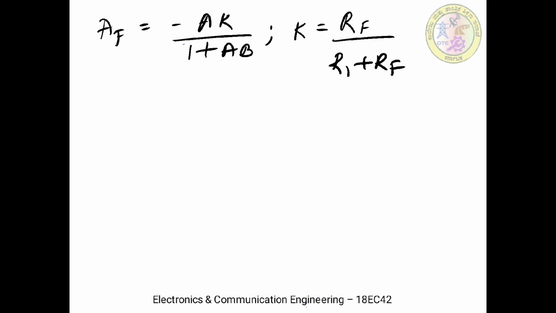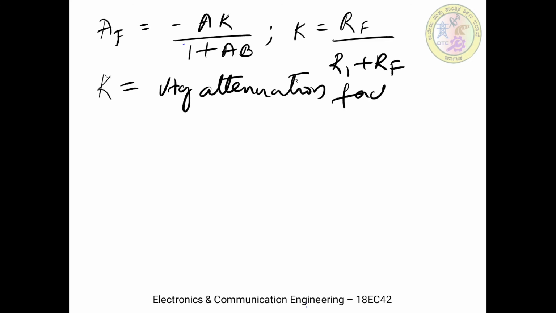Here we see that AF is nothing but K times A divided by 1 plus AB, and K is known as the voltage attenuation factor. Why attenuation? Because K is the ratio RF divided by R1 plus RF, so obviously K will be less than 1.